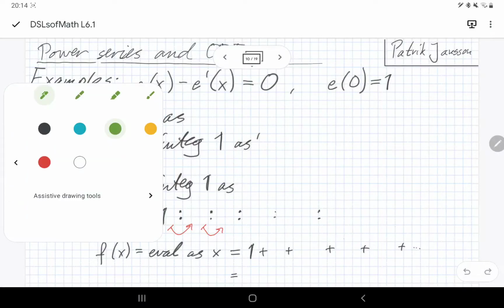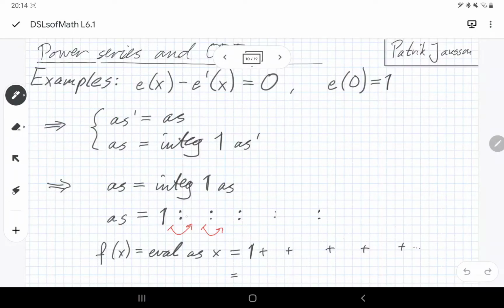So this would have to be, well, 1 divided by 1 is 1, 1 divided by 2 is a half, and then this half is divided by 3 to get the next one. So that's 1 divided by 2 times 3. This is 1 divided by 2 times 3 times 4. And you can guess the pattern here.